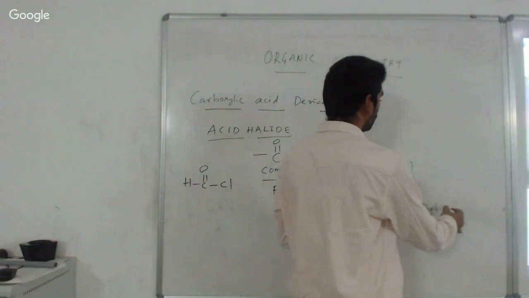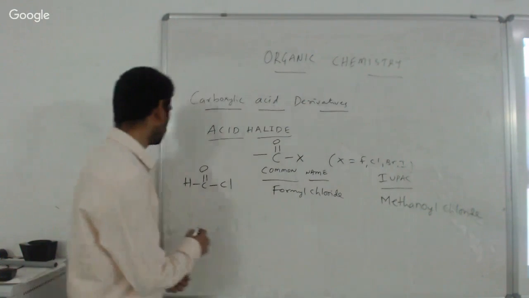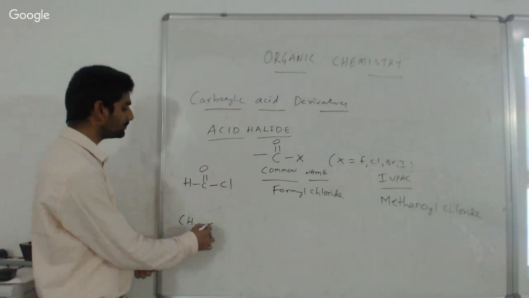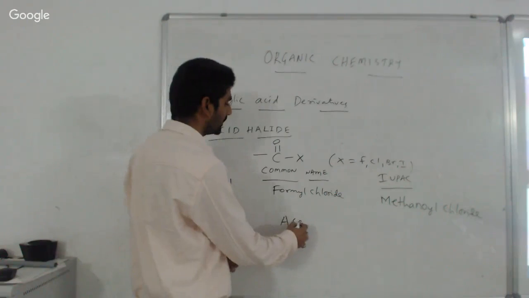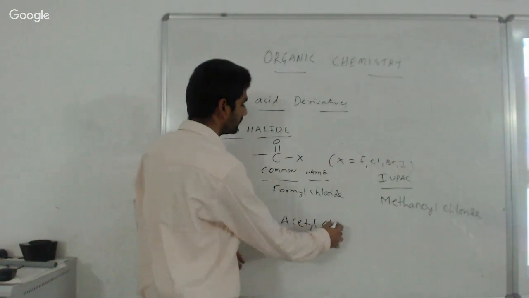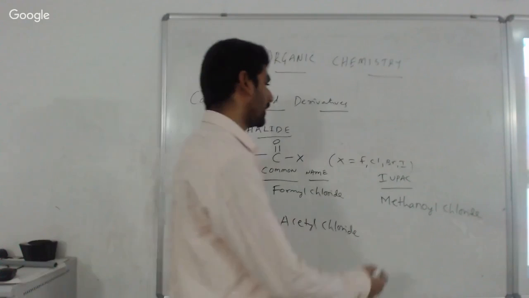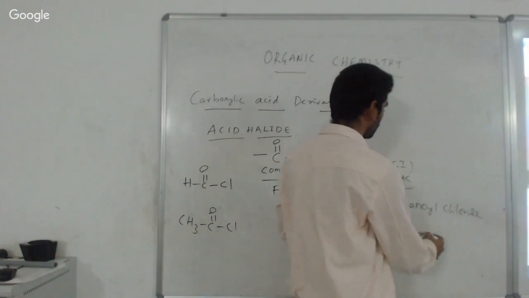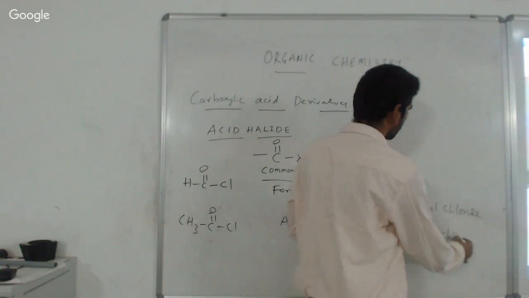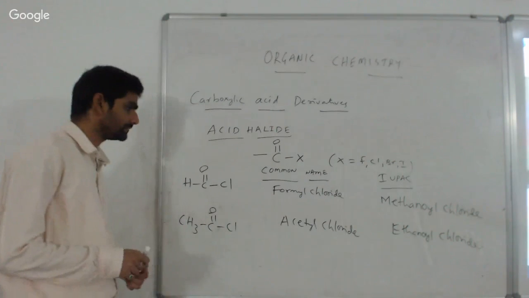The common name for this is acetyl chloride. Acetyl chloride is the acid halide. The IUPAC name is ethanoyl chloride.